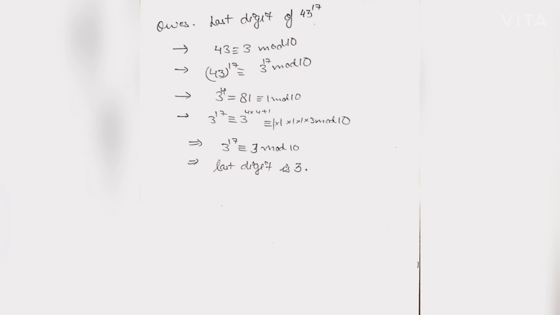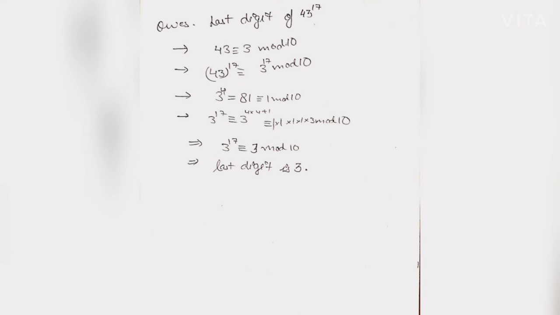So 3 raised to the power 17 can be written as 3 raised to the power 4 multiplied by 4 plus 1. So the remainder will be 1 multiplied by 1 multiplied by 1 multiplied by 1 multiplied by 3, because we know that when 3 raised to the power 4 is divided by 10, the remainder is 1.